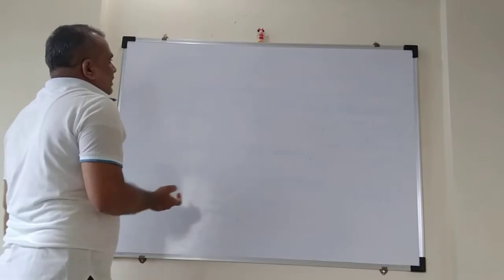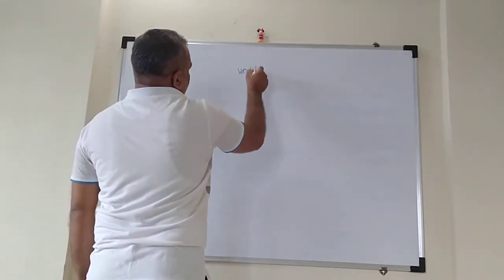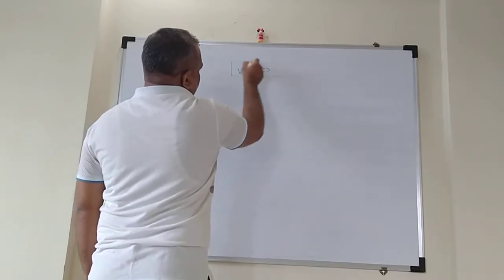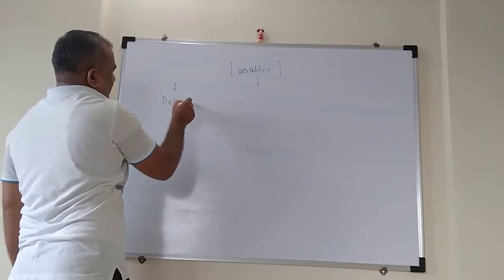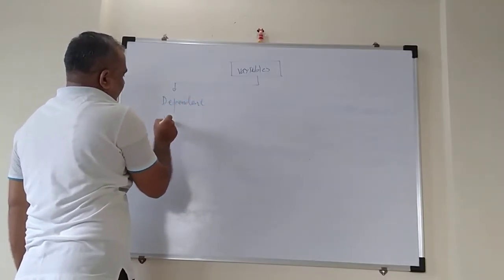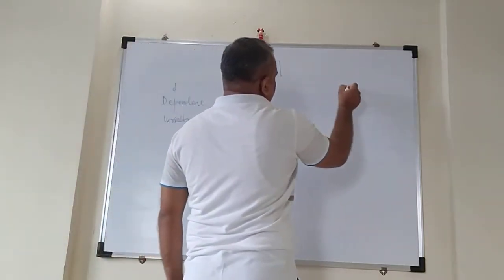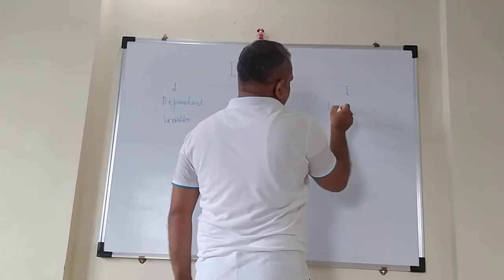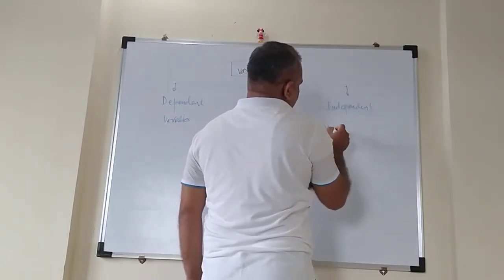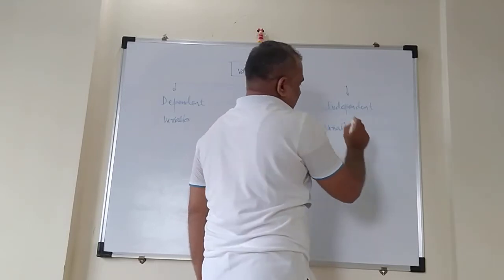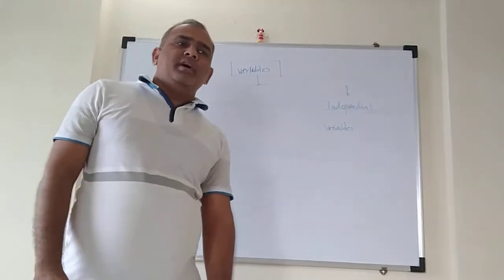Let's go mathematically first, and then we'll make its definition. So let us say there are two kinds of variables. Variables are of two types. First is the dependent variable and the independent variable. And how to identify dependent and independent variables, you are very well aware.